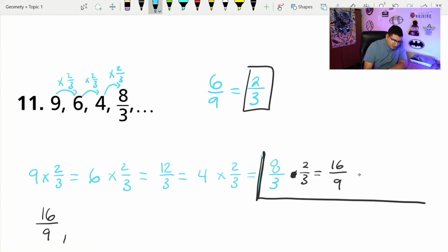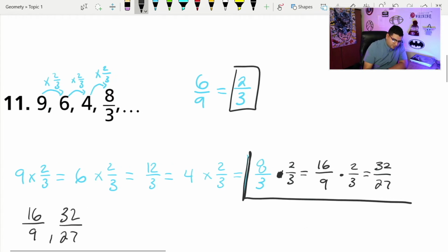Multiplying by 2/3 again, we would get 32 over 27. So the next number in the pattern would be 32 over 27. Let's multiply by 2/3 one more time to find that last number.